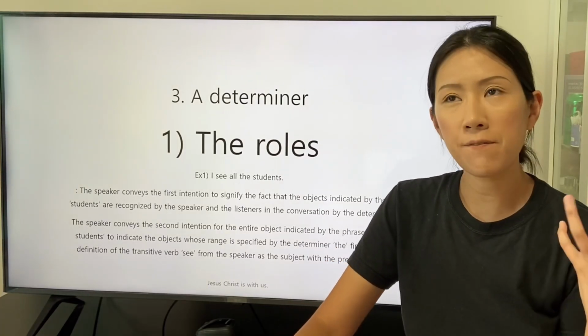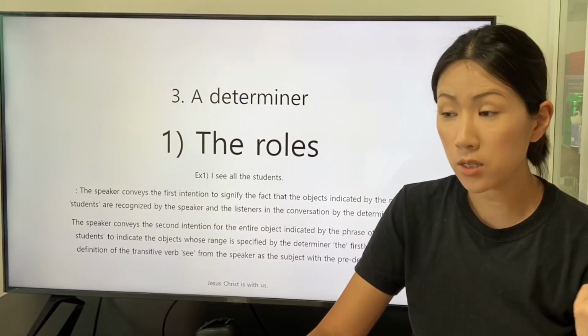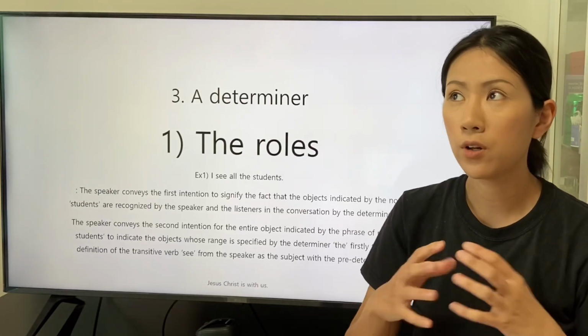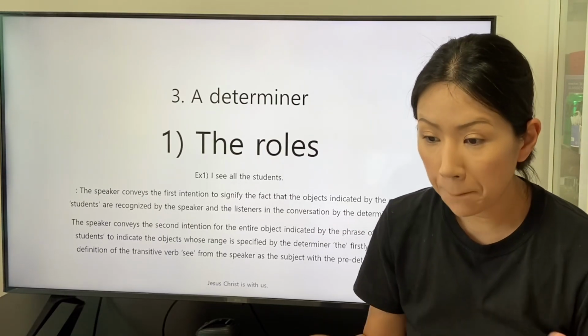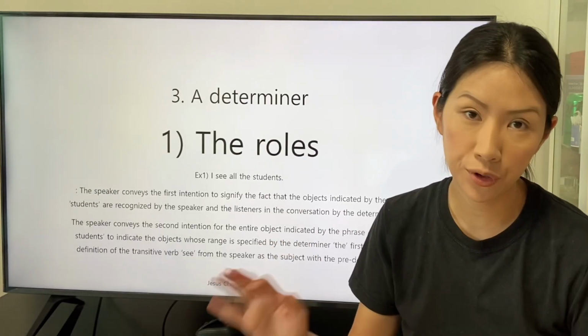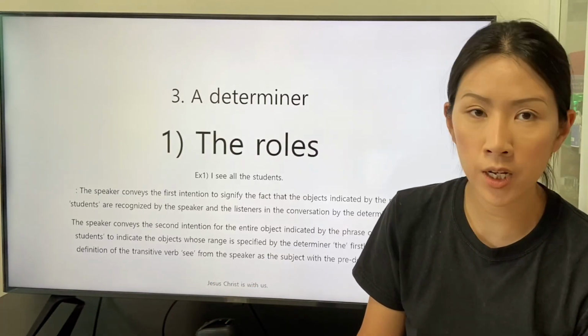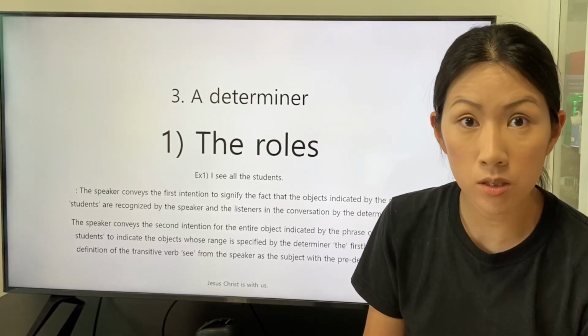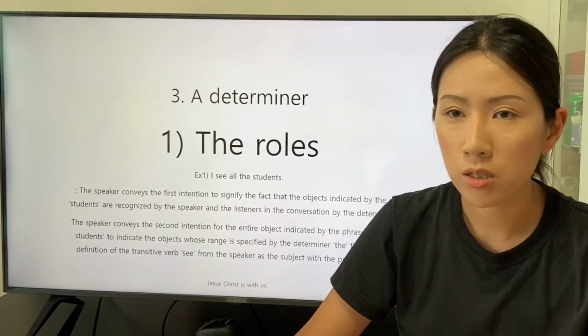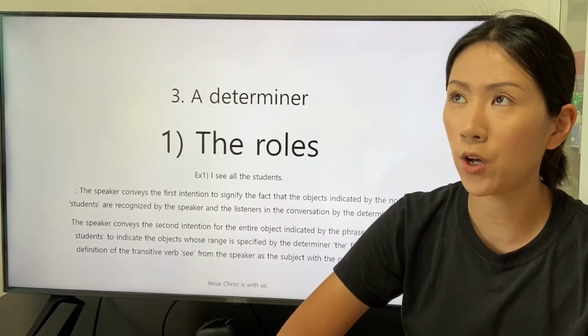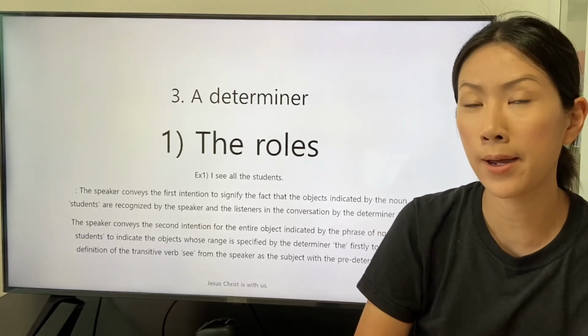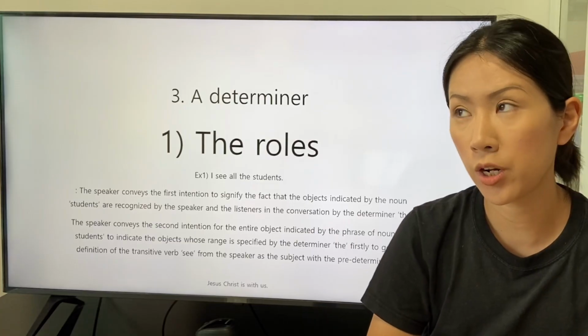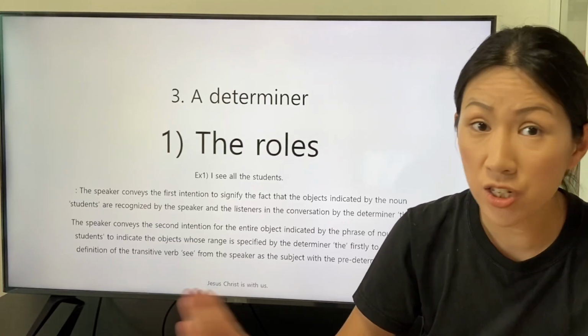From the definition of the general noun student, we can think of the people in the world who study a subject. The range of the object indicated by the general noun student is very wide.